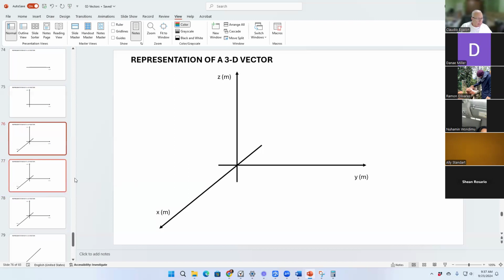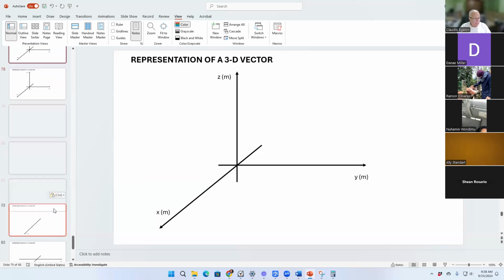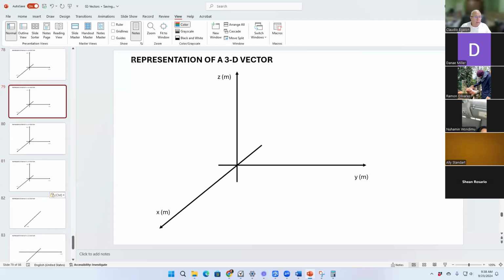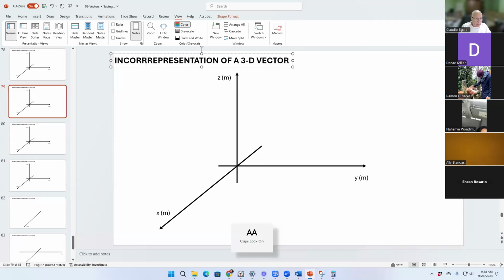Those were the correct representations, right? Now I'm going to show incorrect representations of the 3D space, instead of a 3D vector. We call it the 3D space.